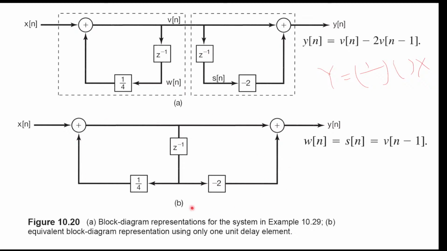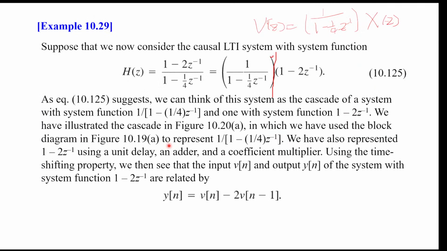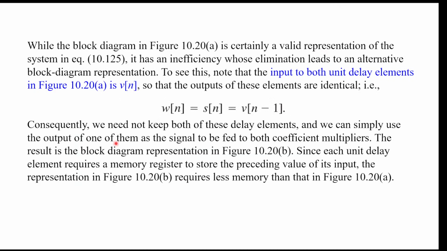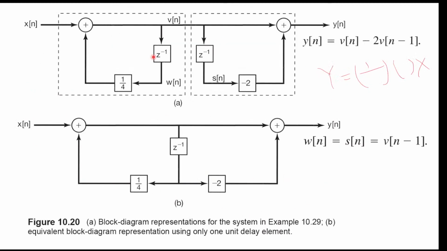From here it's harder to see the intent of our construction, but it should be correct for giving our H of z. So this is how we can combine these two z minus 1, and we get this result.